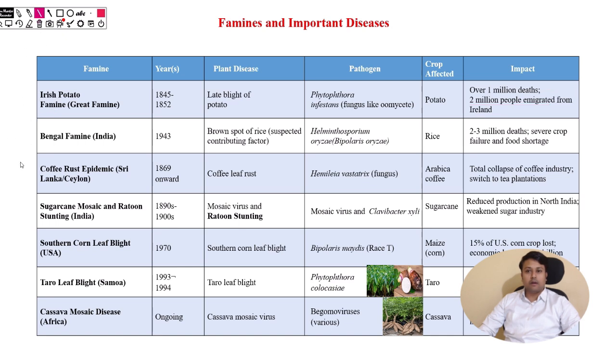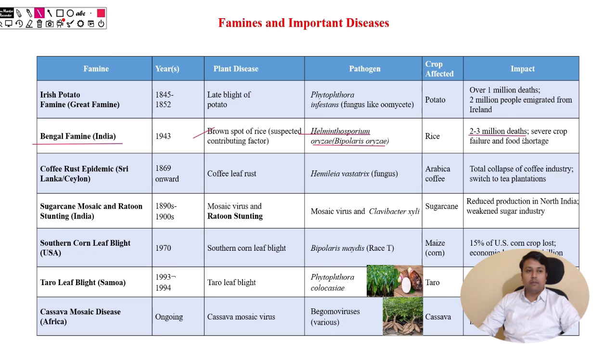The next important disease is the Bengal famine, which took place in the Indian state of West Bengal, due to the fungus known as Helminthosporium or Bipolaris oryzae on rice. This also caused severe crop failure, which led to starvation and food shortage, and hence the death of people.